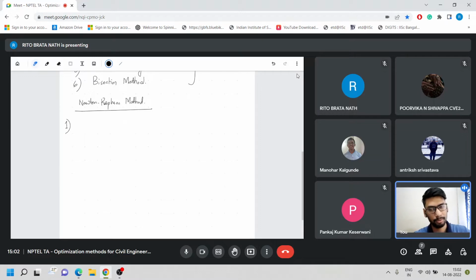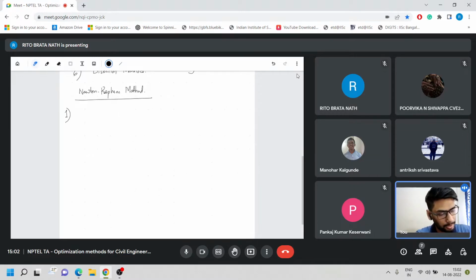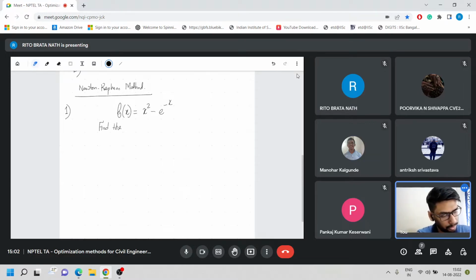The first problem that I'm giving is a function, say f(x) equals x squared minus e to the power minus x. Find the root of this equation.